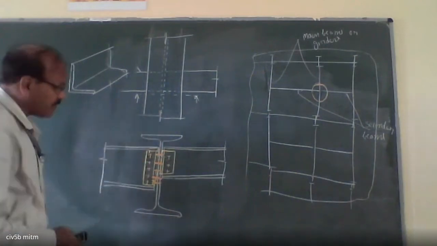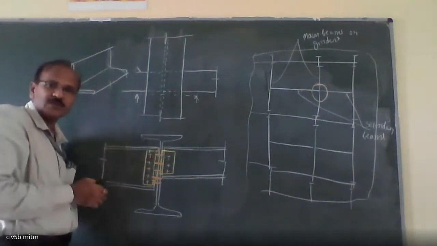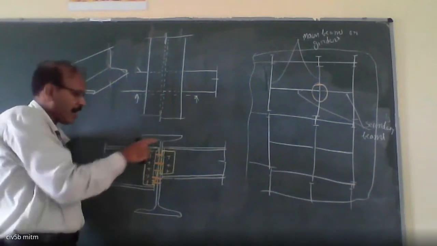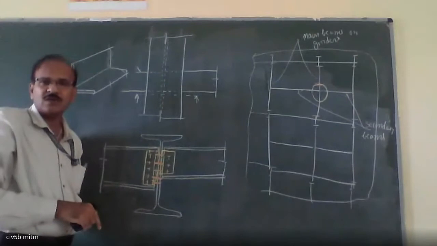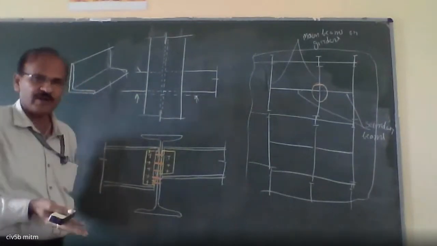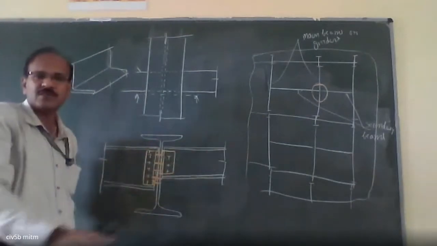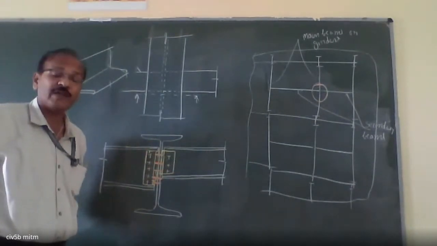If this is the top floor, as I said, it's okay to provide it like this. This flange is at one level, and the flanges of these two I sections are at another level. If it is a roof, somehow cover it and seal it so that water does not get through. Then you are fine with it.